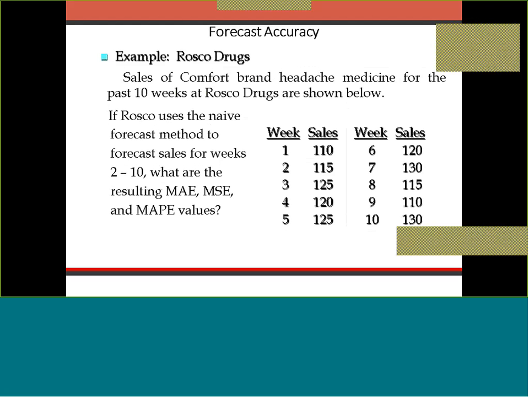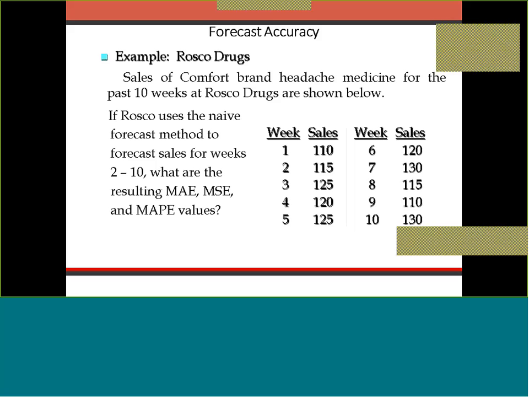Sales of Comfort brand headache medicine for the past 10 weeks at Roscoe Drugs are shown below. If Roscoe uses the naive forecast method to forecast sales for weeks 2 to 10, because we already have weeks 1 to 10, what are the resulting MAE, MSE and MAPE values?